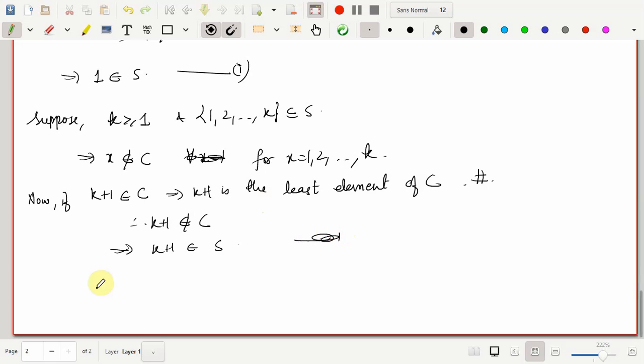This is the second hypothesis of strong induction principle, and therefore I can say that S is equal to N by strong induction principle.